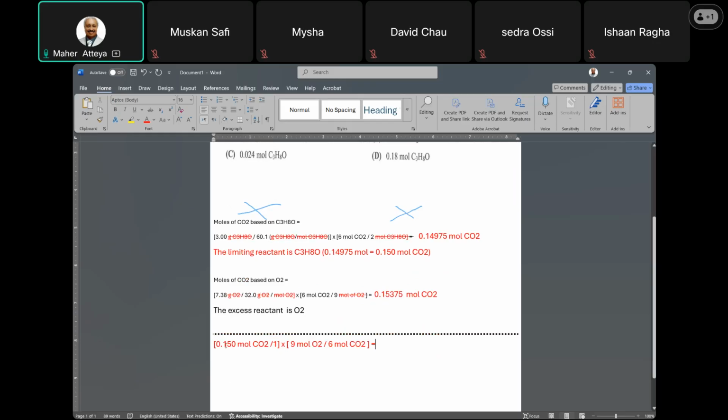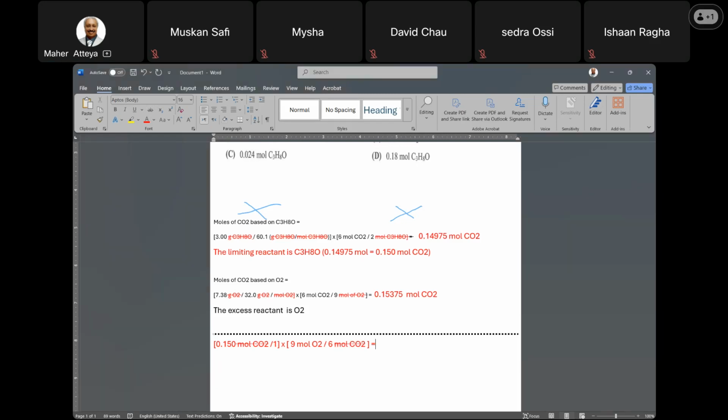So how many moles now of oxygen when it's wrapped? So the mole of CO2 here, let's strike it out. Okay. So now we have 9 multiplied by this divided by 6. So let's do it here.